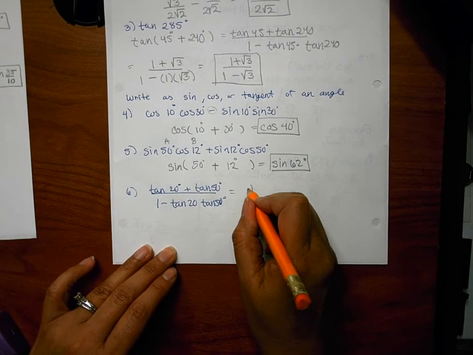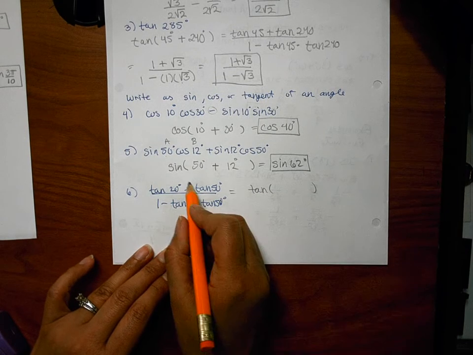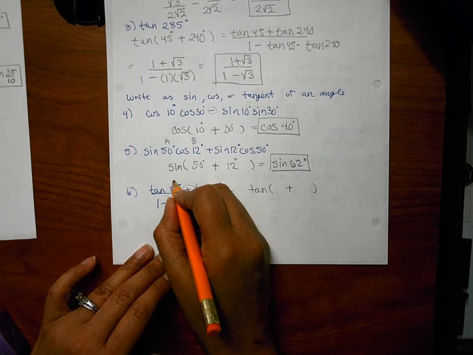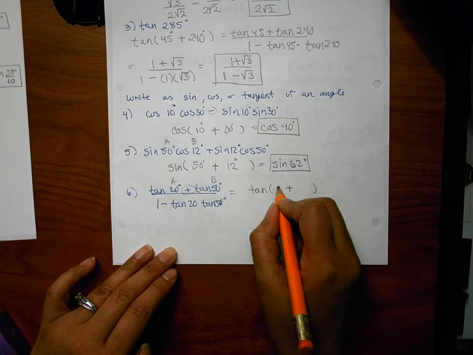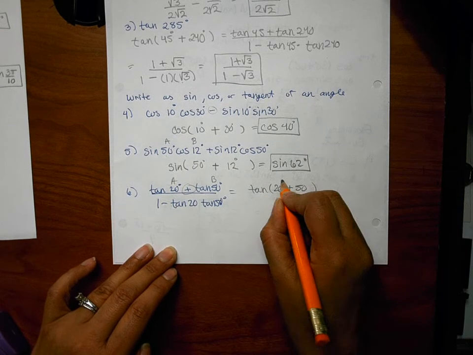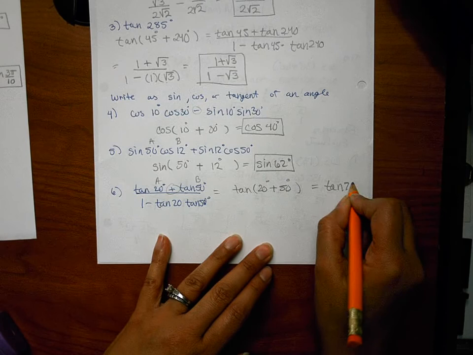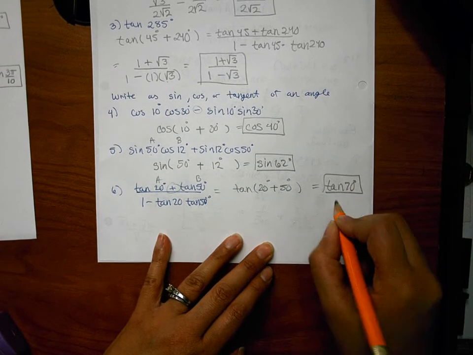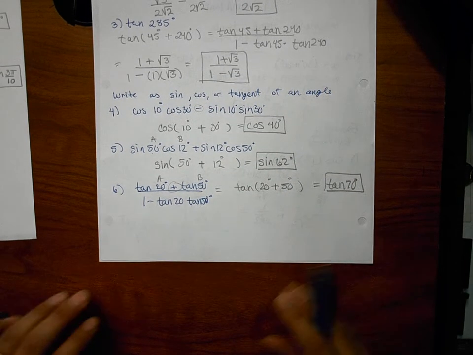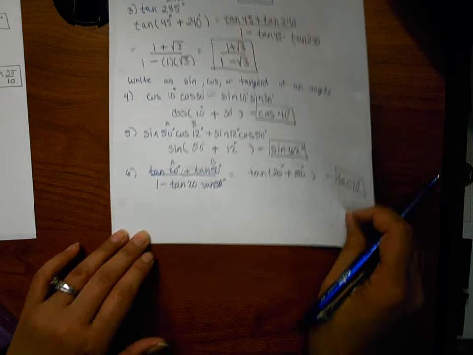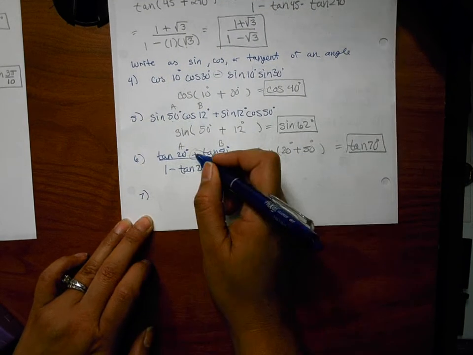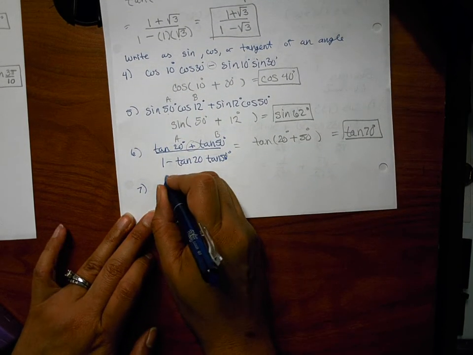Which one could this be? This is obviously the tan function, and I go with the sign that's at the top, so I'm going to add. This is A, this is B, 20 plus 50, which gives me tan of 70 degrees. And I keep saying, since it's not a special angle, that is it. You're done with that problem. If it were like tan of 45, you would actually evaluate.